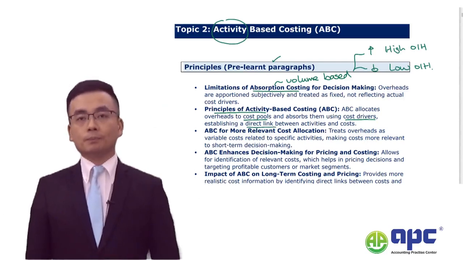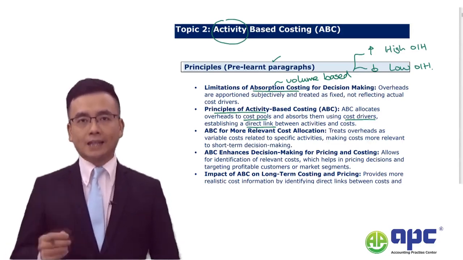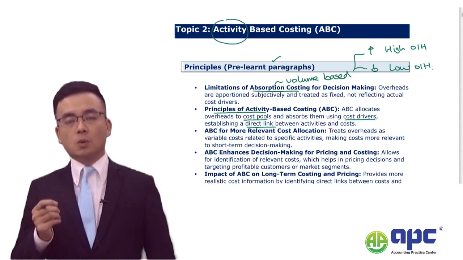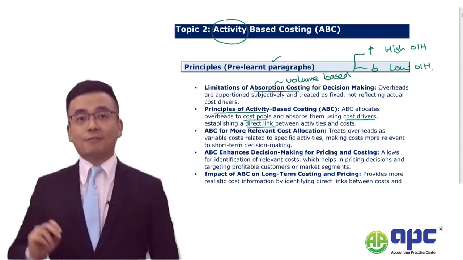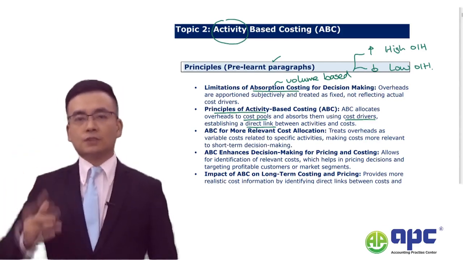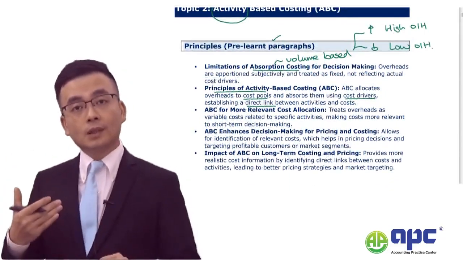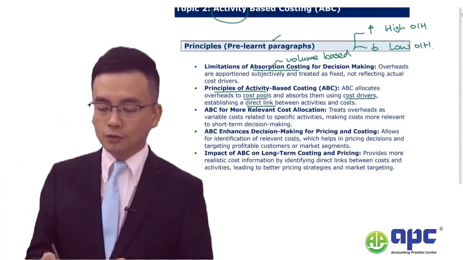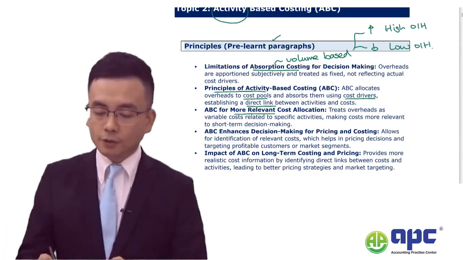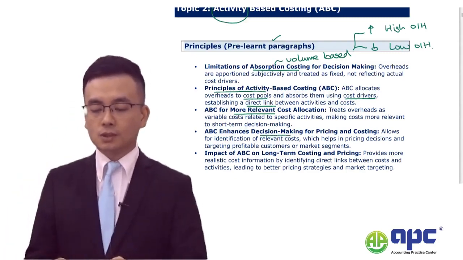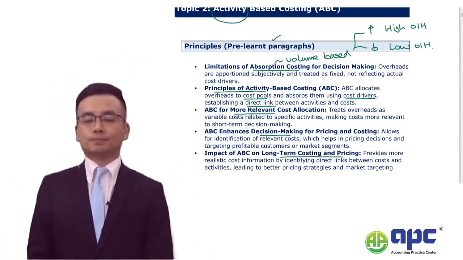So you will need to try your best to estimate what will be the cost pool for a particular activity that really reflects the effort made from each of the departments in turn. Of course, if you can do it in a scientific way, of course, more accurate. Therefore, better for decision, and long-term costing and pricing will be more accurate.